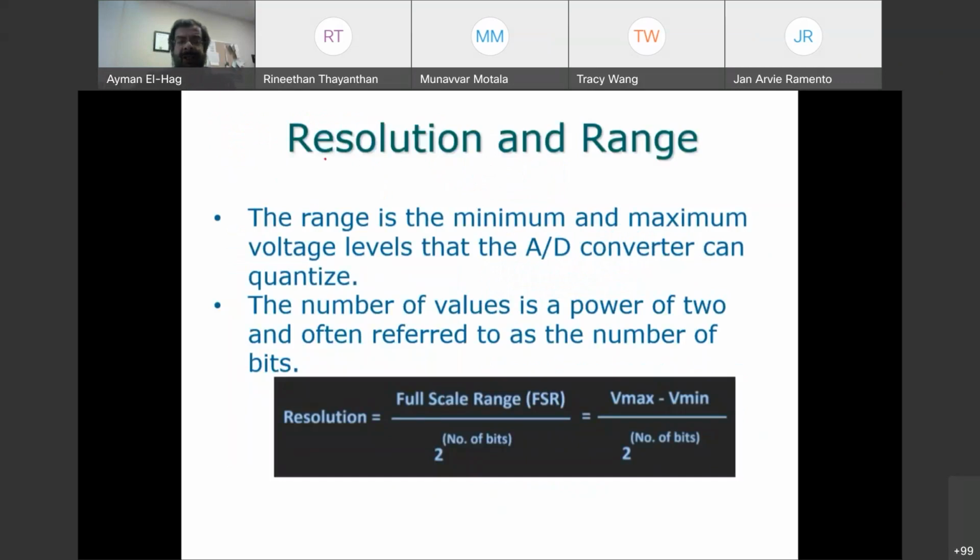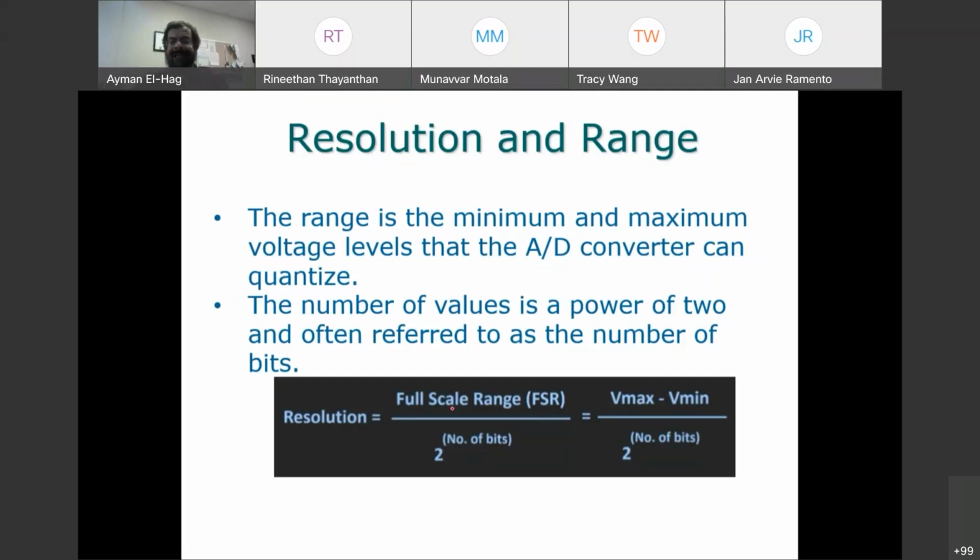So what is resolution and what is the range? As I said, the range of the signal is the difference between the minimum, which is usually 0, and the maximum. So usually, for example, in your microcontroller, you have a 5-volt range. If you go for the analog input, it can only accept 5 volts.